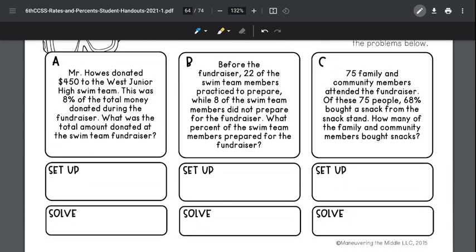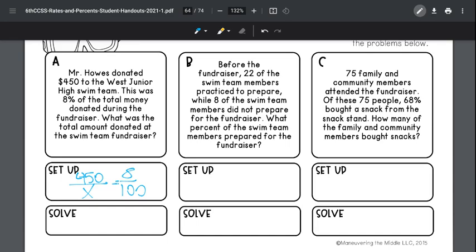Mr. House donated $450 to the West Junior High swim team. This was 8% of the total money donated during the fundraiser. What was the total amount donated at the swim team fundraiser? So $450 goes on top because we're trying to figure out how much money was raised all together. And we know this $450 makes up 8%.